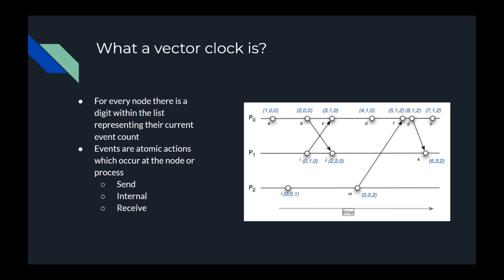Then it sends an event, so it's 200, and it sends it to P1, which has done two events itself. So when P1 receives the clock, it changes it to 2-2 to correlate with the events it's received. It's basically like a Lamport clock with the same rules of overriding digits, but in a list format now. That's how I like to think of it.